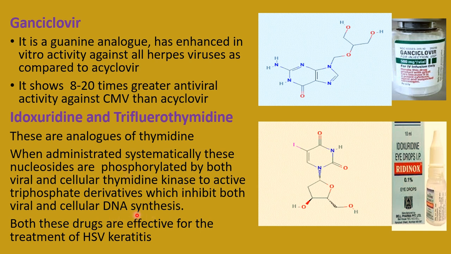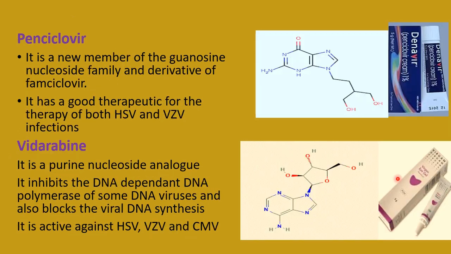This is more effective for the treatment of herpes simplex virus keratitis, that is HSV keratitis. Here you can see the figures and the pharmacology in the pharma industry, how they are given for the treatment of several infections.